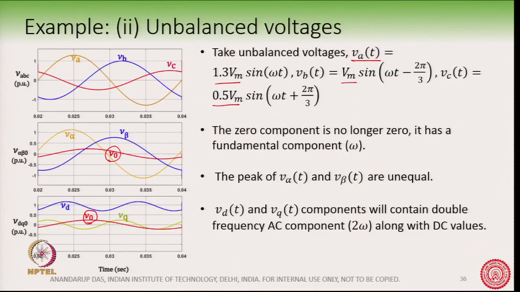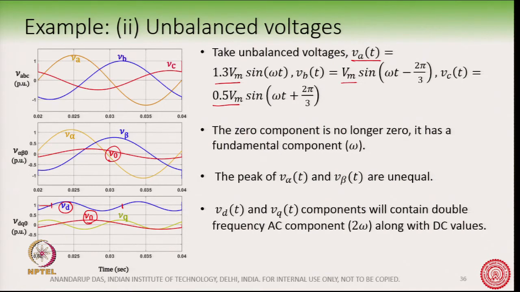Now, what about the d and q? Here we observe that the D has an average value and there is a second harmonic component, or in the D waveform there are two lobes. In the Q waveform there are also two lobes. Why are these lobes coming?